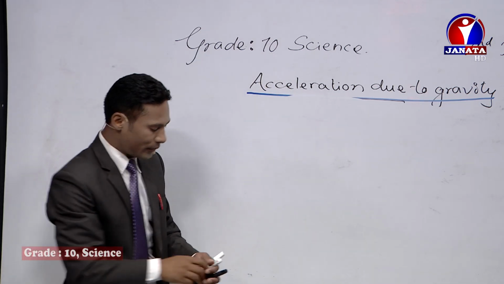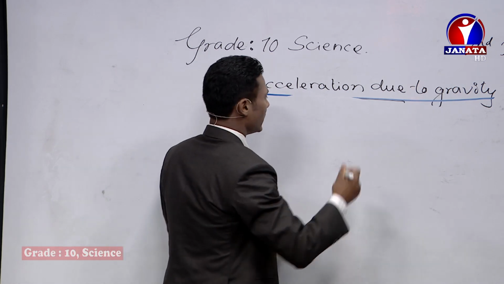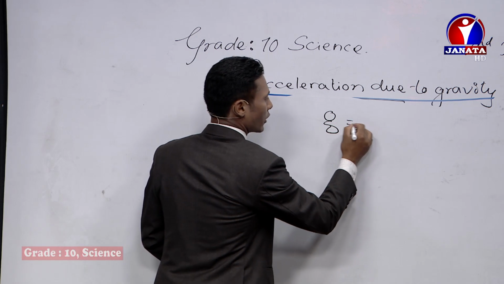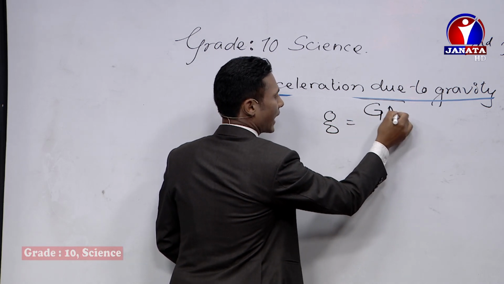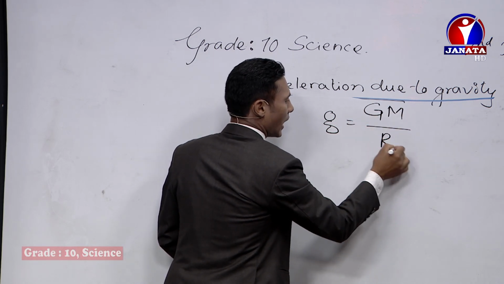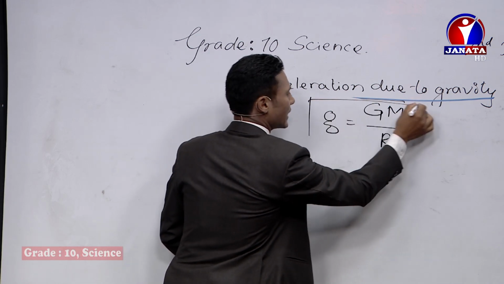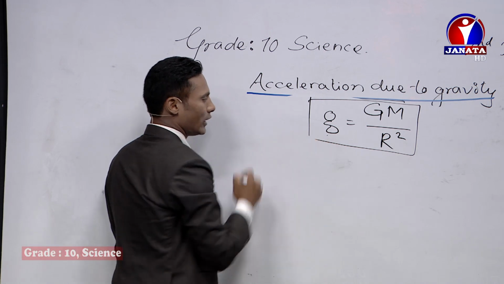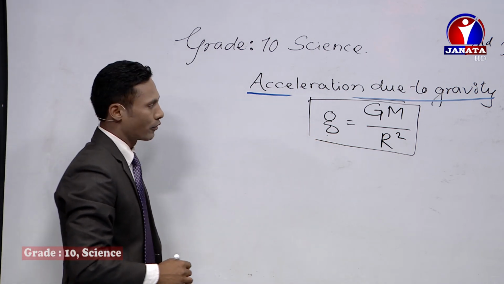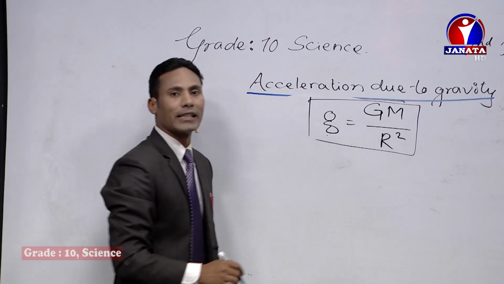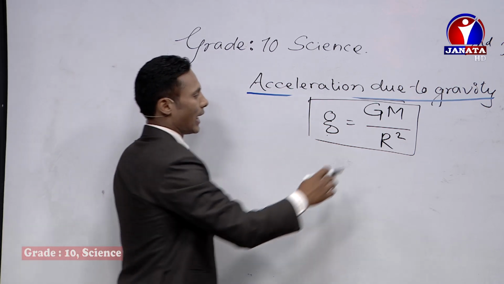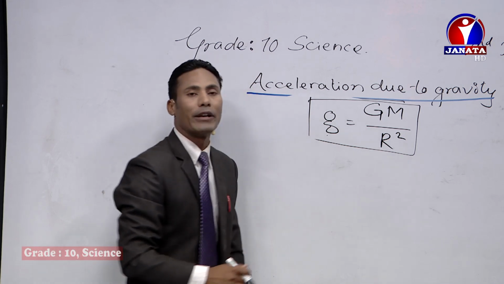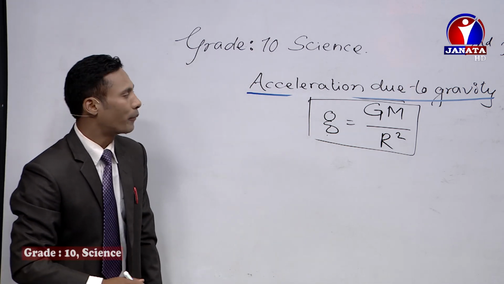So we have derived this relation also, that is, acceleration due to gravity g is equal to capital G M by r square, right? This derivation we have done previously also, where small g is acceleration due to gravity, capital G is the gravitational constant, M is the mass of the heavenly body, and r is the radius of the heavenly body.